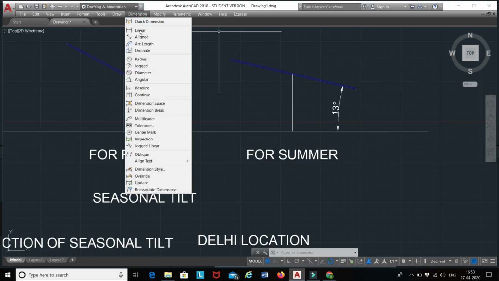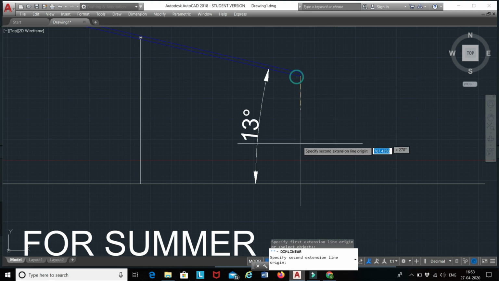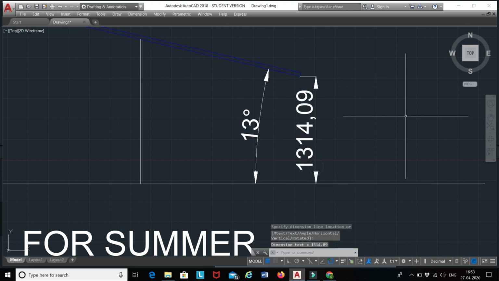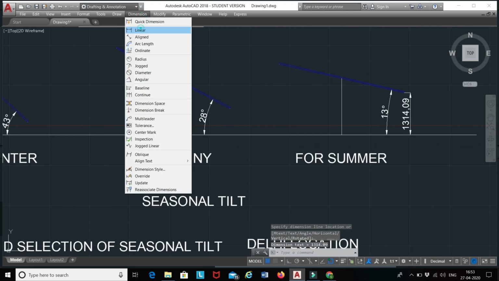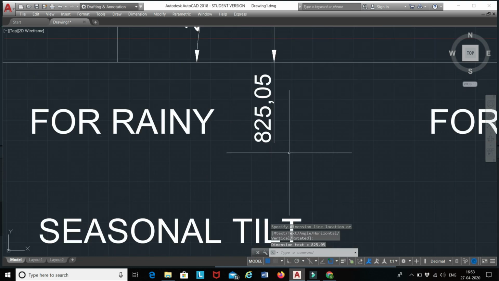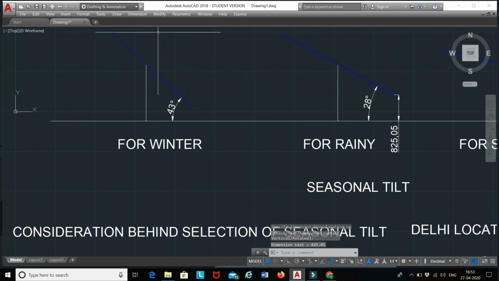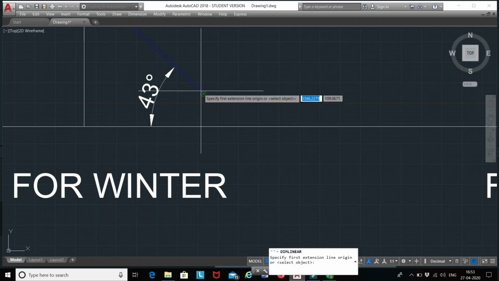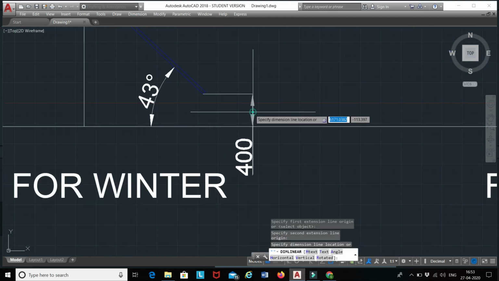The distance of the module from the ground is 1.3 meter, and here the distance of the module from the ground is 825 mm. But in that case the distance between the module and ground is 400 mm.